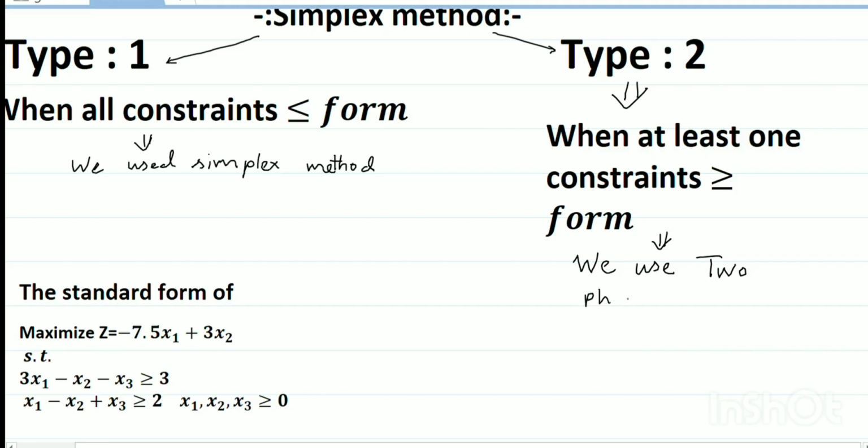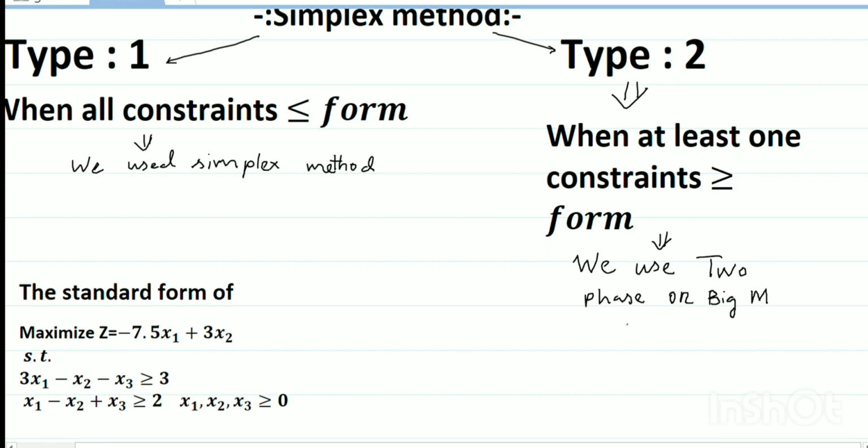This is an optimization technique, and this LPP problem is very important for BTech engineering and math honors BSc level, okay?